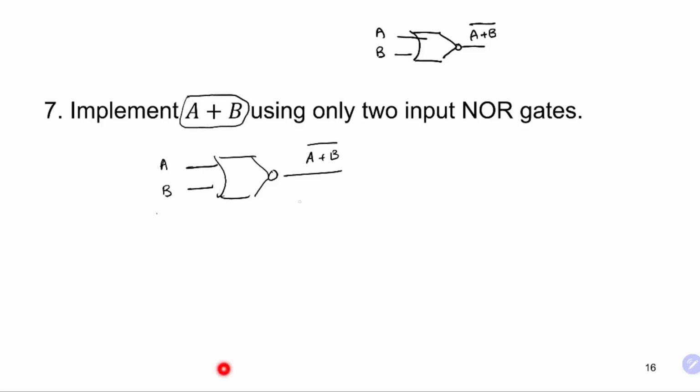If I put A and B to a NOR gate, I get this. But I want this. You need something else here to give you A or B. How do you do that?